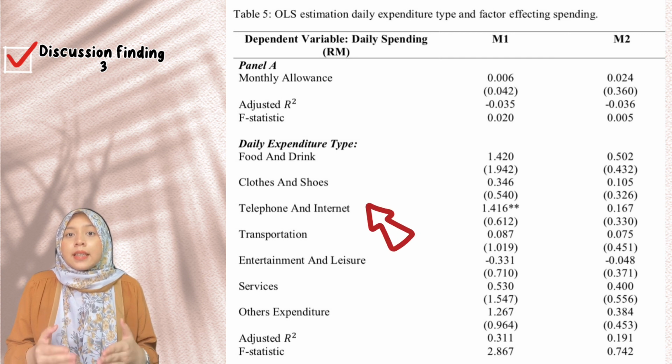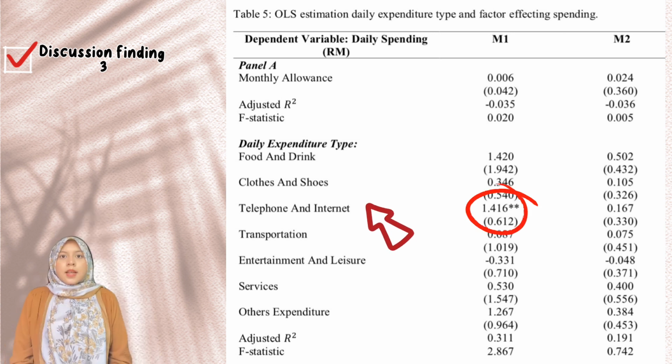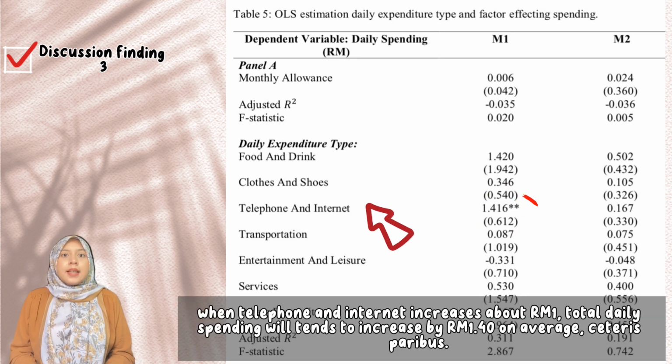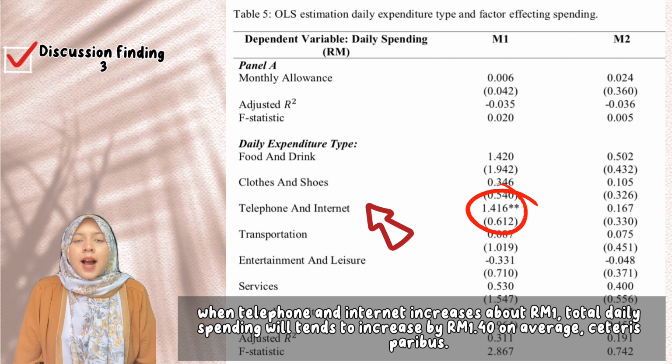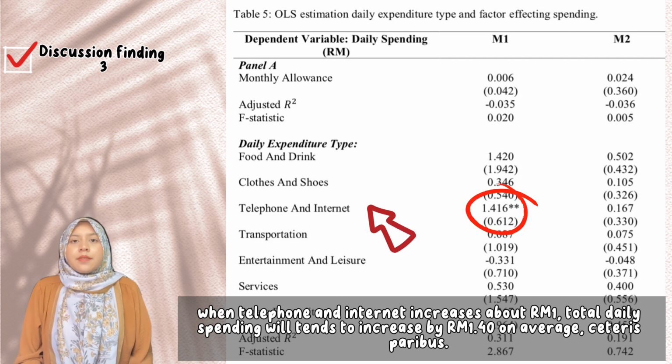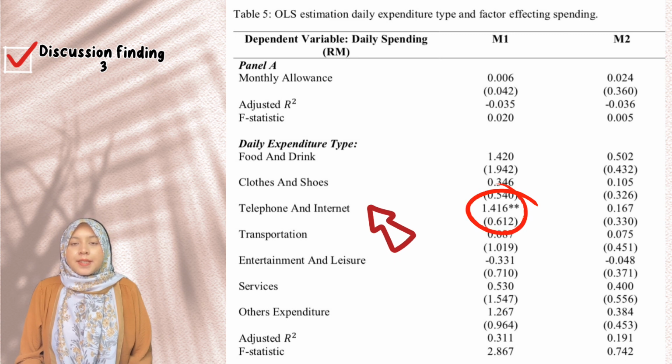Phone and internet as an expenditure type is significant, as indicated by the p-value. The estimated coefficient suggests that when telephone and internet increase by about RM1, total daily spending will tend to increase by RM1.04 on average. Previous research has supported this finding.